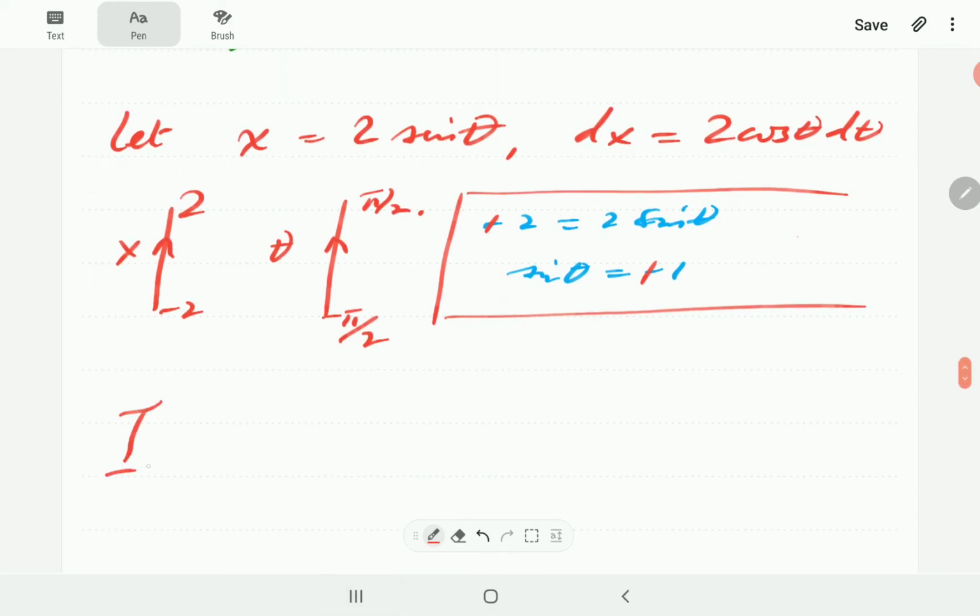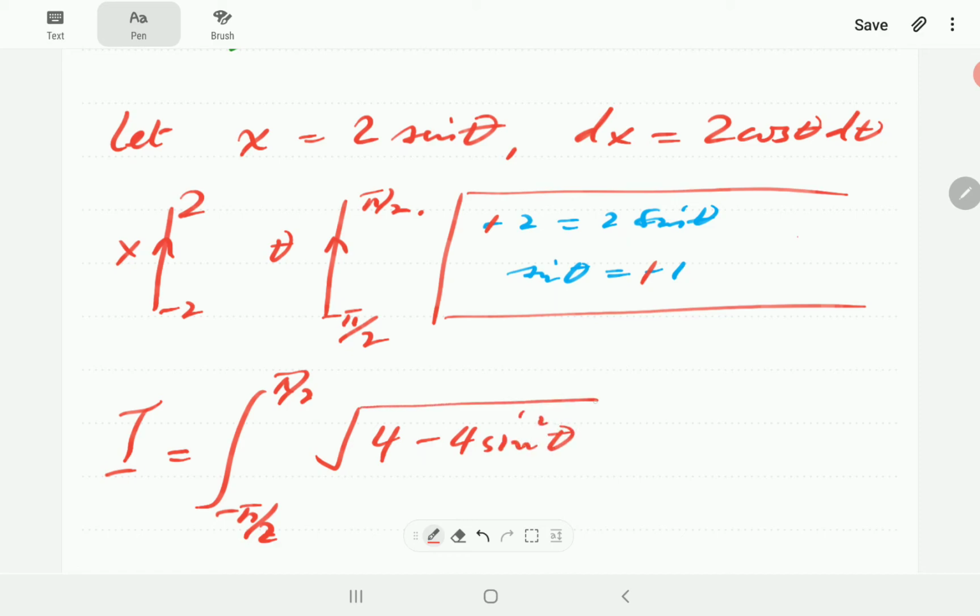So our integral is now going to be from minus pi over 2 to pi over 2 of the square root of 4 minus 4 sine squared theta, then dx is 2 cosine theta d theta.